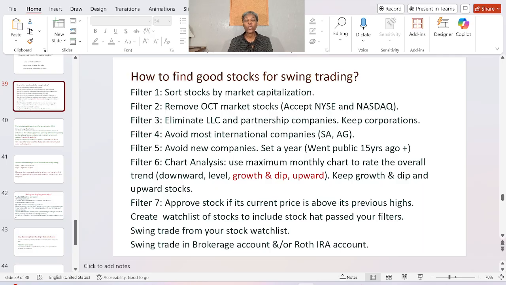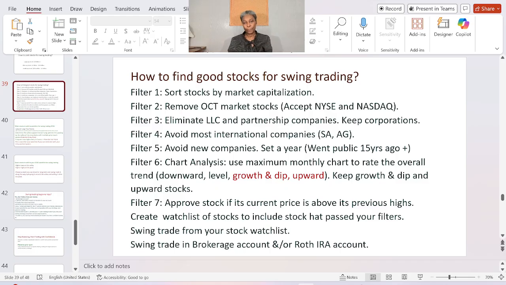And pretty much what you are looking for is you want to see the bottom of the chart to have growth and the top of the chart to have growth. So you want higher lows at the bottom of the chart and you want higher highs at the top of the chart. So that shows that the valley is growing up and the top of the mountain is growing up.